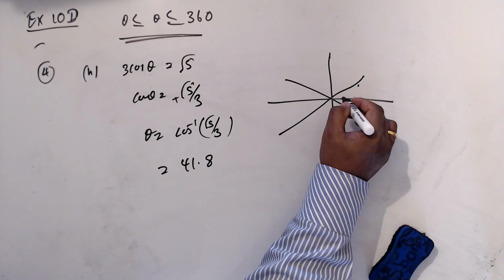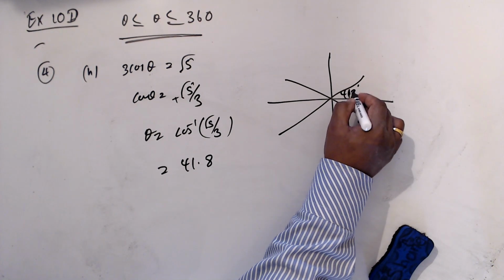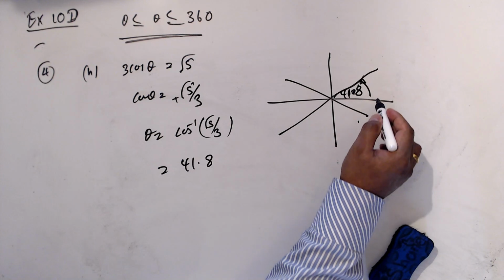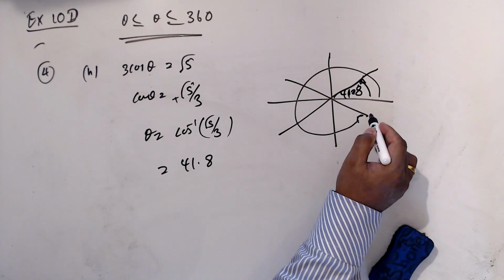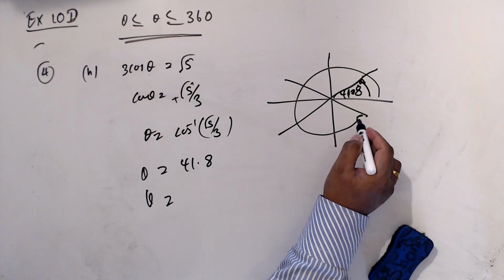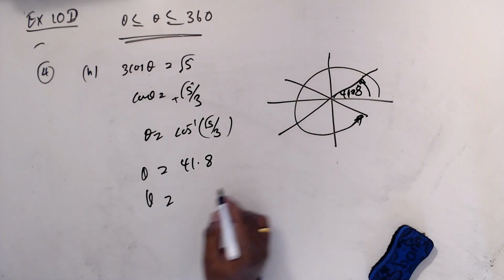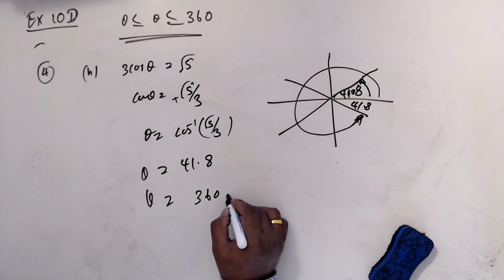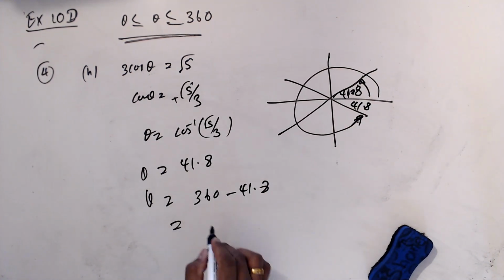So this is 41.8. We got one answer. The other answer is this one, theta equal 360 minus 41.8.